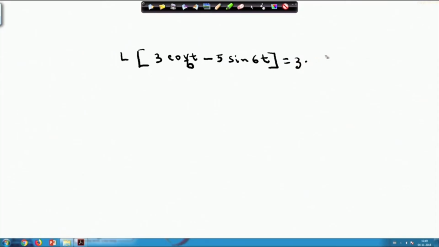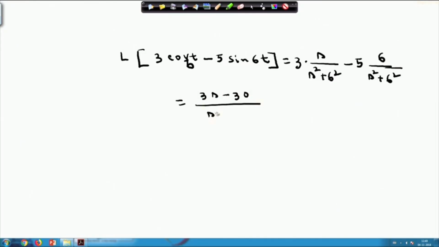So, this will be 3 into s by (s square plus 6 square) minus 5 into a, and here a is 6, so 6 by (s square plus 6 square). If I make the calculation, I will obtain (3s minus 30) by (s square plus 36), and this I am assuming as f s.